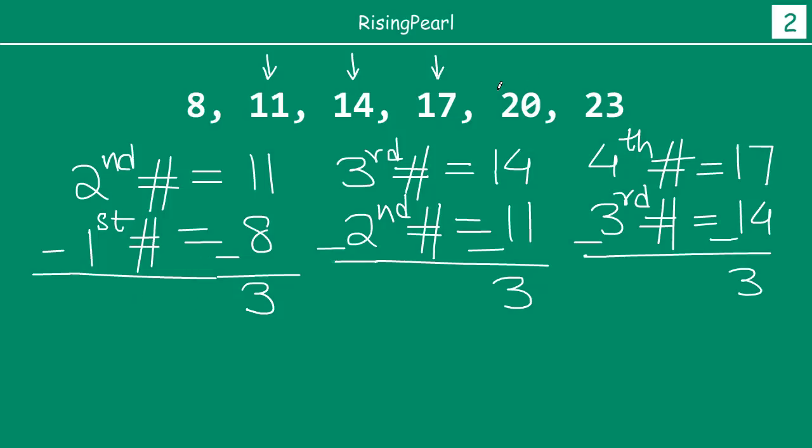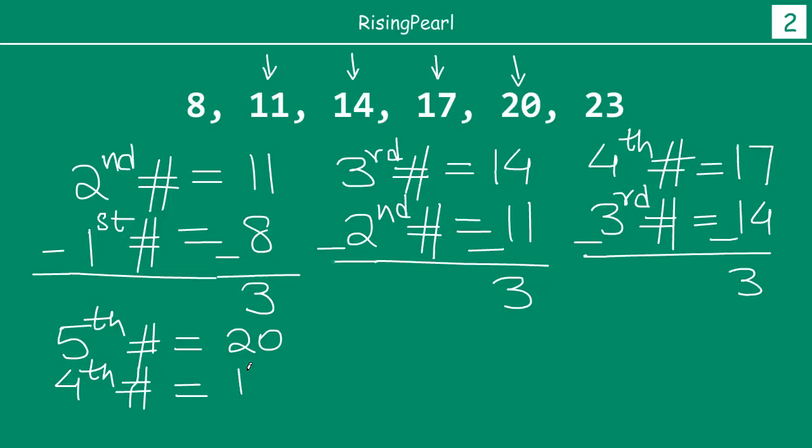Let's do it for the rest of these two numbers. Our fifth number is equal to 20, and our fourth number is equal to 17. So if we do the subtraction, 20 minus 17 is 3.